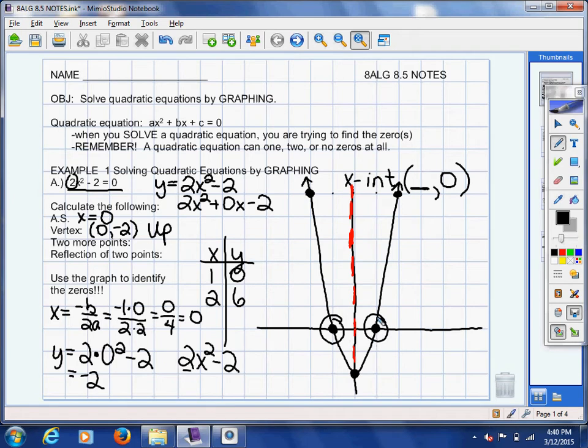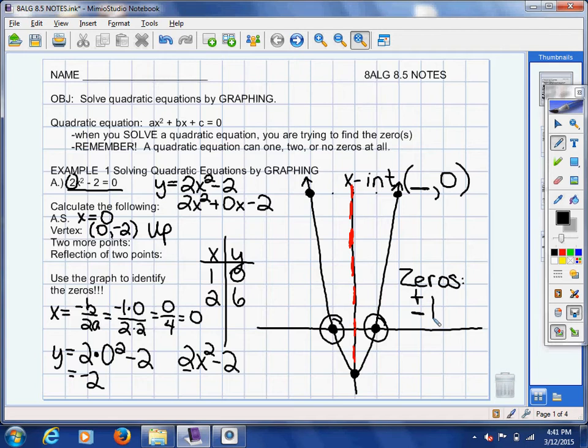Absolutely, we sure can. And so our zeros, that's what they're asking us to find. We have 2 of them because our parabola crosses at 2 places. Our 2 zeros are going to be positive 2 and -1. Pretty amazing. Okay? So that's how you physically hand graph it.